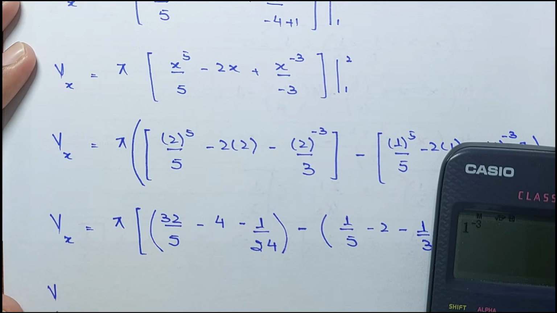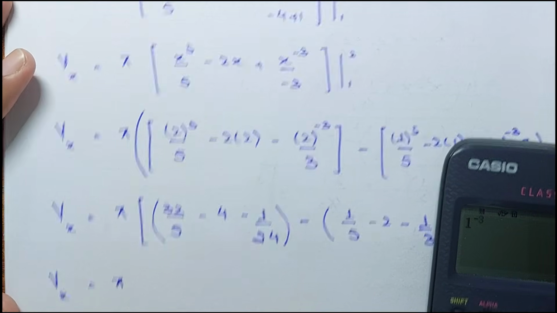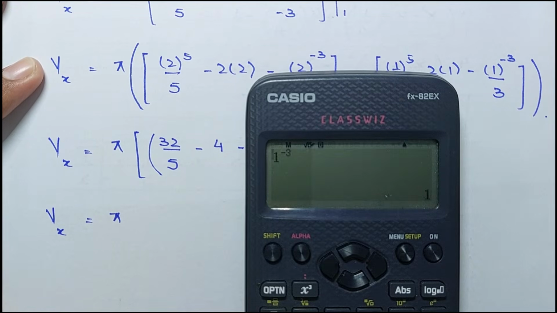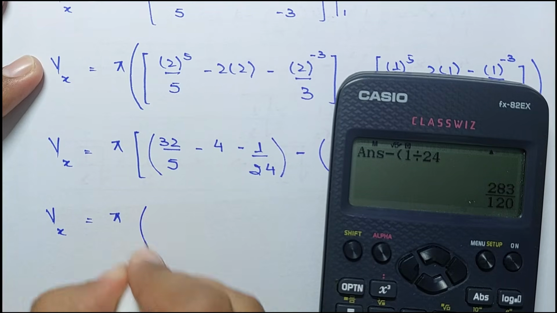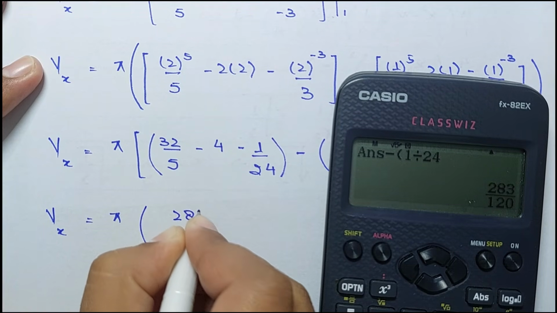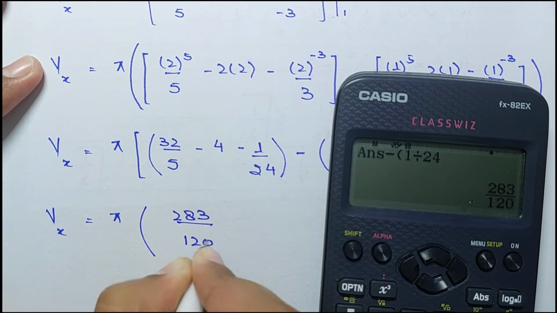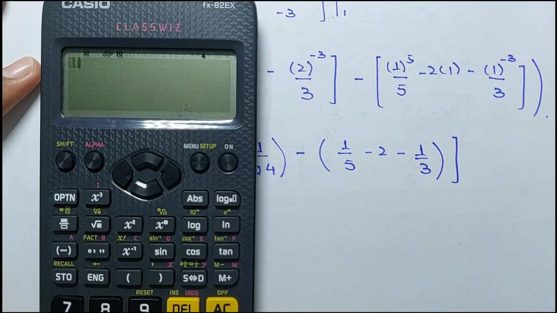Okay. Now volume becomes pi, which is outside. We can say 32 divided by 5, negative 4 and negative 1 over 24. This is 283 over 120. The other thing is 1 over 5 minus 2 minus 1 by 3.